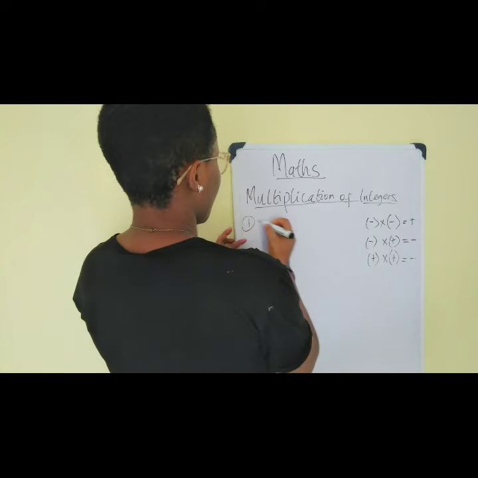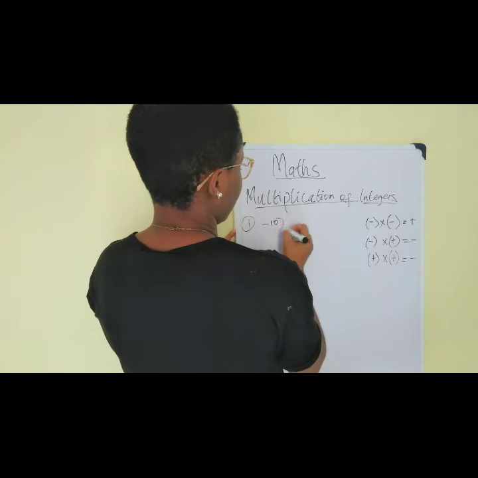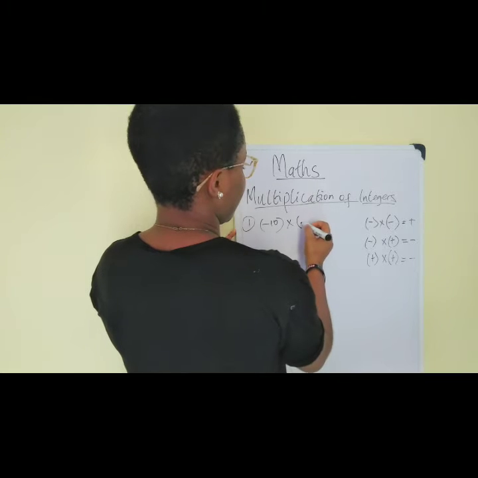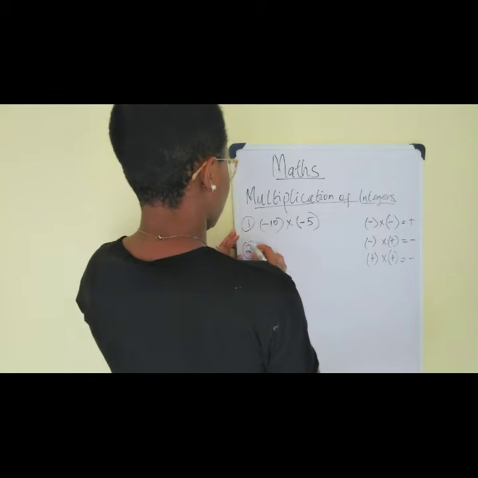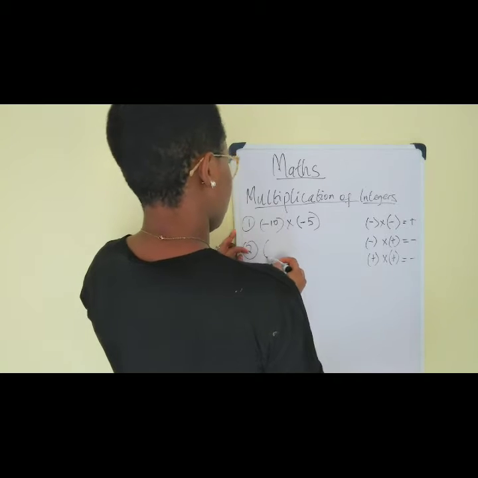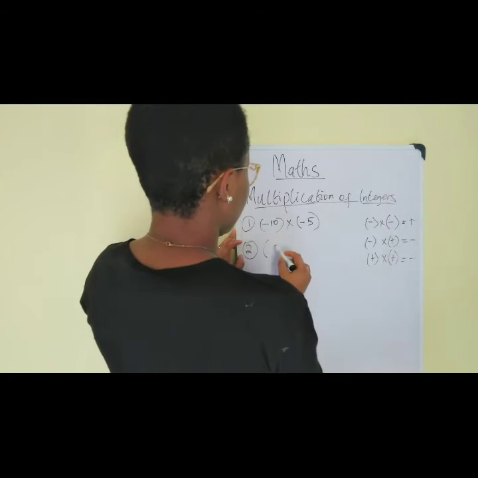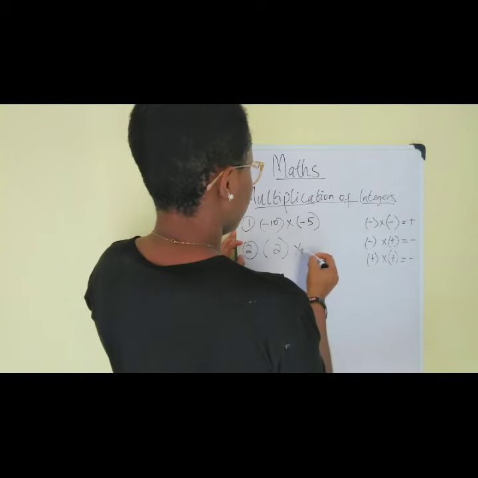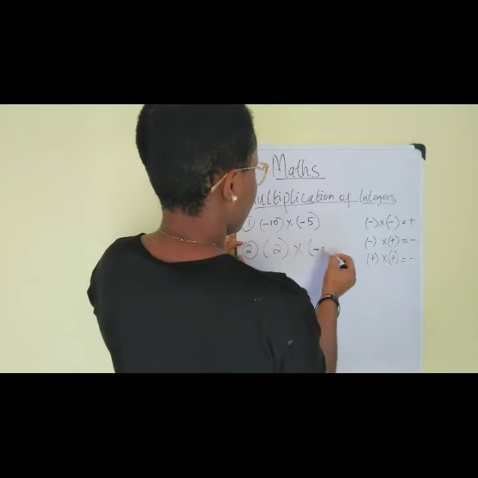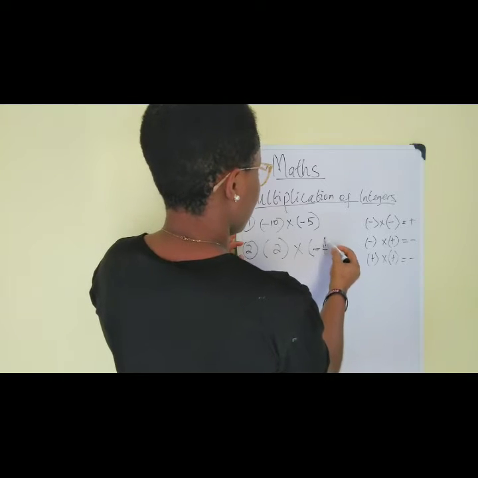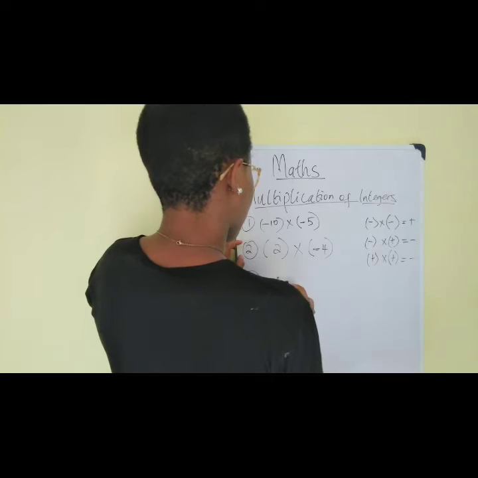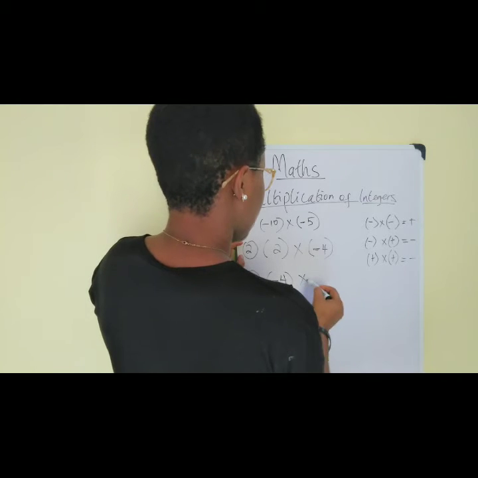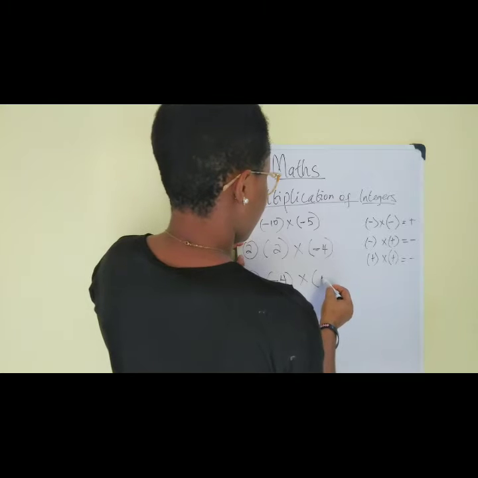Question 1. Negative 10 multiplying negative 5. Question 2. Positive 2 multiplying negative 4. Question 3. Negative 4 multiplying positive 5.